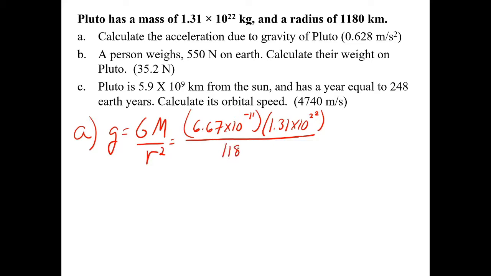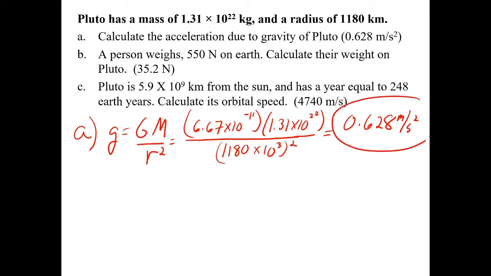Now watch, the radius is in kilometers. We need to multiply by 1,000. So this is really just plugging the numbers in. And wow, look at that G value. That's almost nothing compared to Earth. There is gravity on Pluto, but not very much.